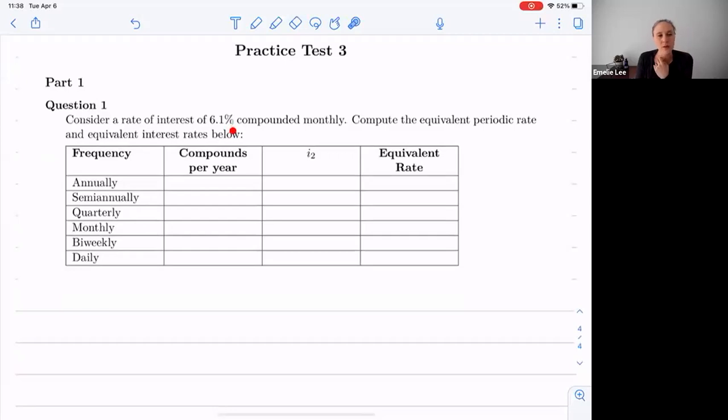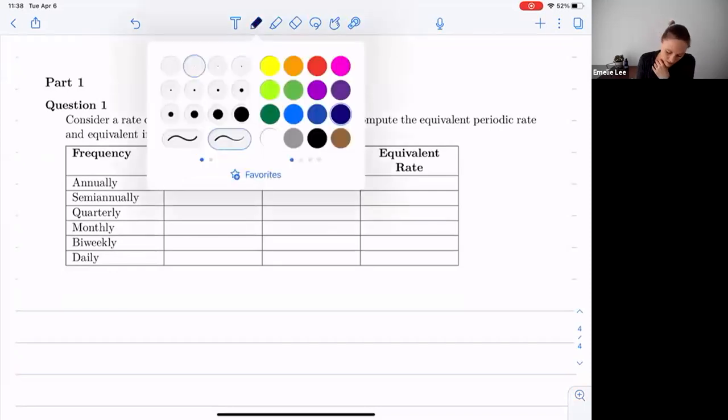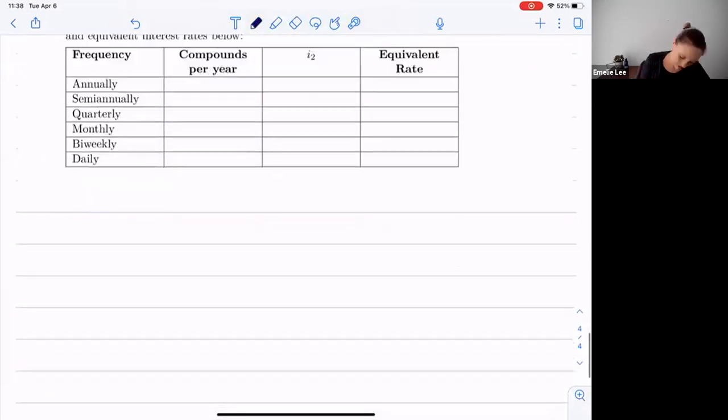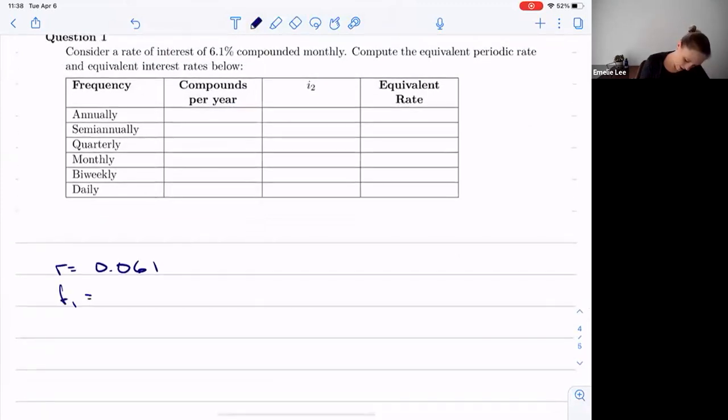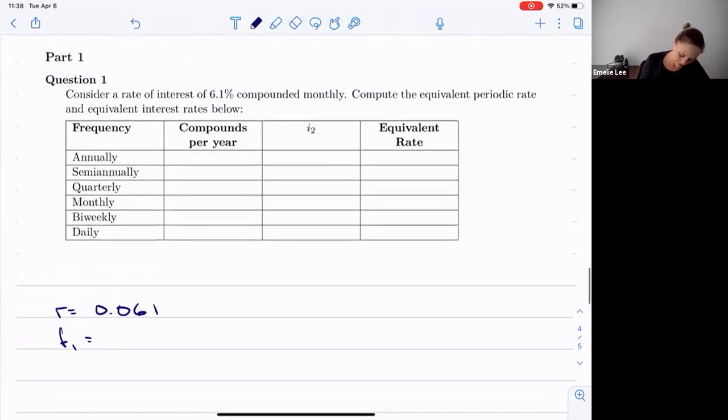So 6.1% compounded monthly. R1 is 0.061, 6.1%, and F1 is compounded monthly.